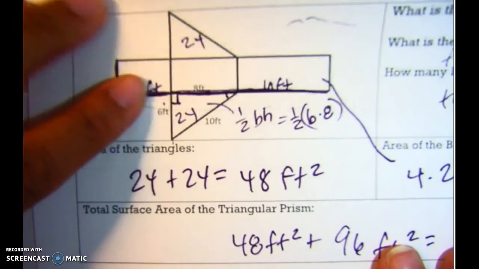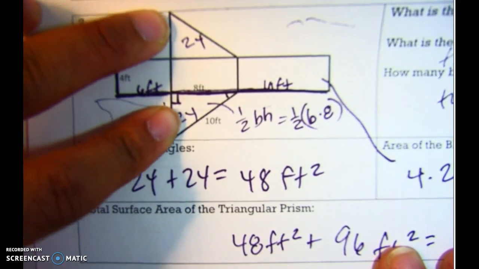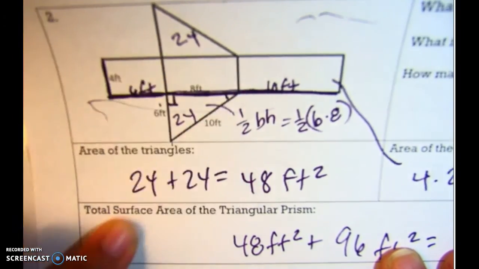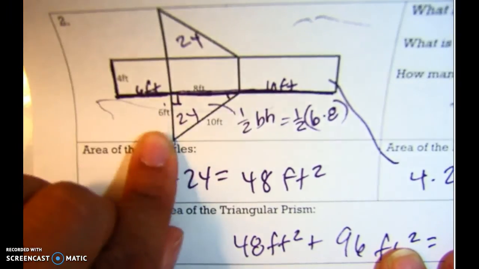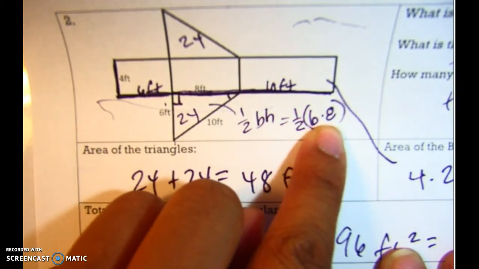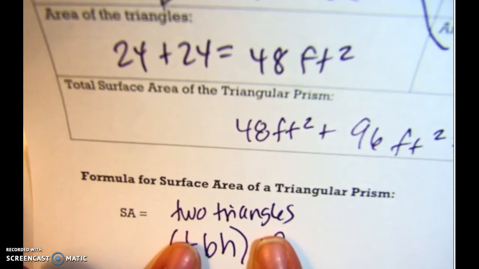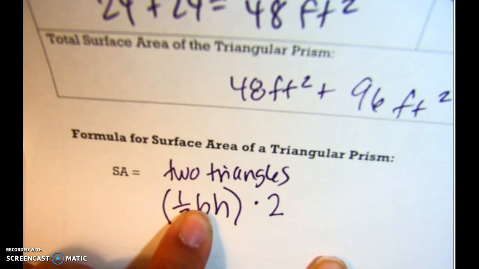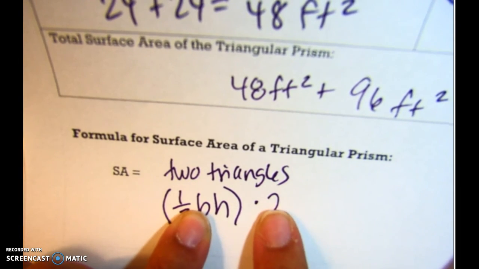But if I have 2 triangles that are 24, when I divide by 2 and then add them together, I'm kind of undoing it. So really both of them together are this 48, this base times height. So it could really be the 2 triangles are just base times height, or find the area of one and then add it to itself.